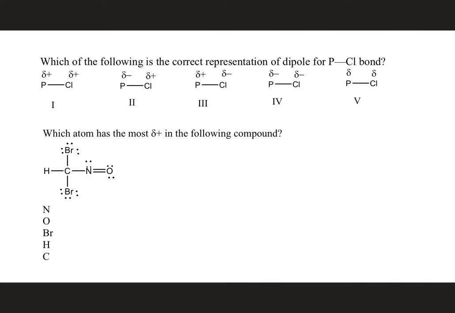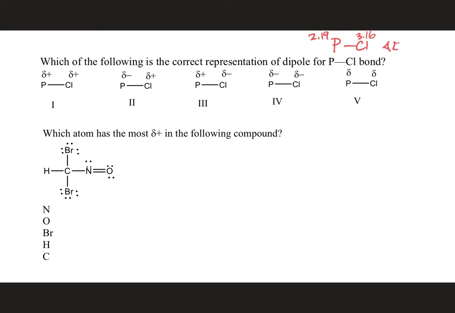Which of the following is the correct representation of dipole for the phosphorus-chlorine bond? All right, so phosphorus has an electronegativity of 2.19 and chlorine has an electronegativity of 3.16.